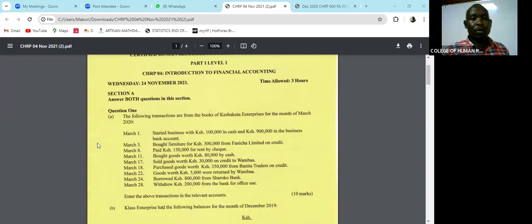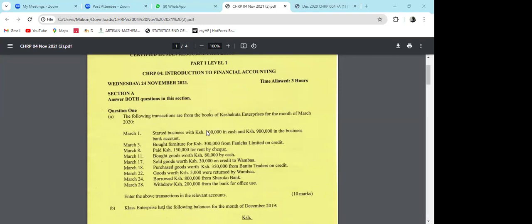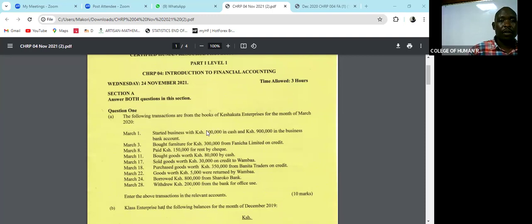This paper, question one, is always compulsory. Can I ask a question, please? The appropriation account we've done is for profit. Can you be asked to do the appropriation account for losses? Yes. If the figure that you get after paying the interest on capital, the loan repayment and maybe the salaries is negative, then they will share that negative.